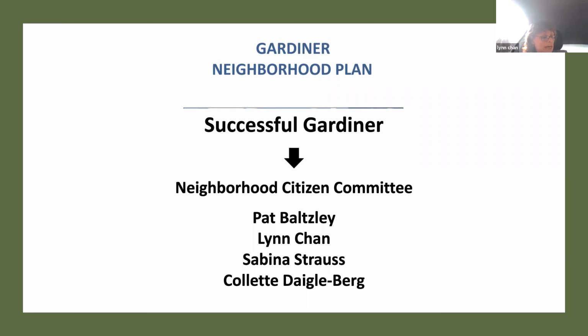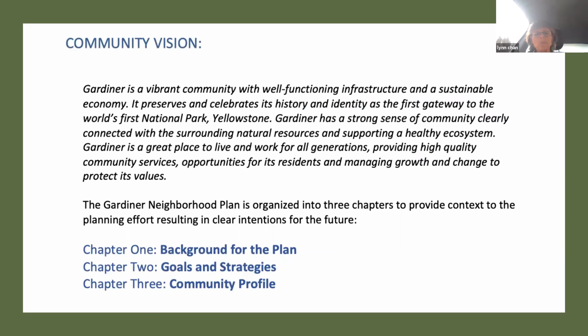The neighborhood plan has goals that were set in place from the Successful Gardner effort. So this vision statement that Jen just put up was a vision statement that we crafted, but the essence of it came out of the Successful Gardner effort with the community.